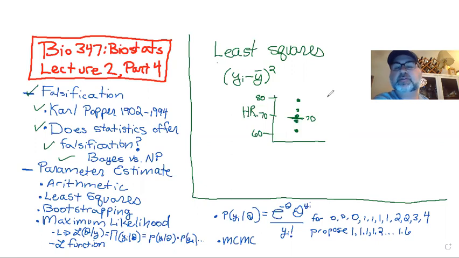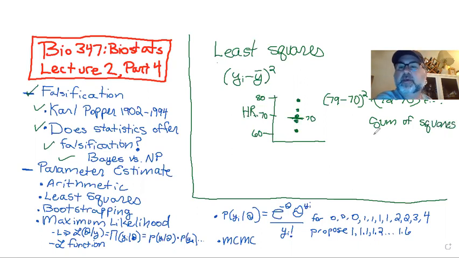So let's say this is 79 minus 70, square that, plus this one, which looks like, we'll just say 72, square that, and so on. And you do this for all of it, right? And then you get some number, and that number is the sum of squares, okay?